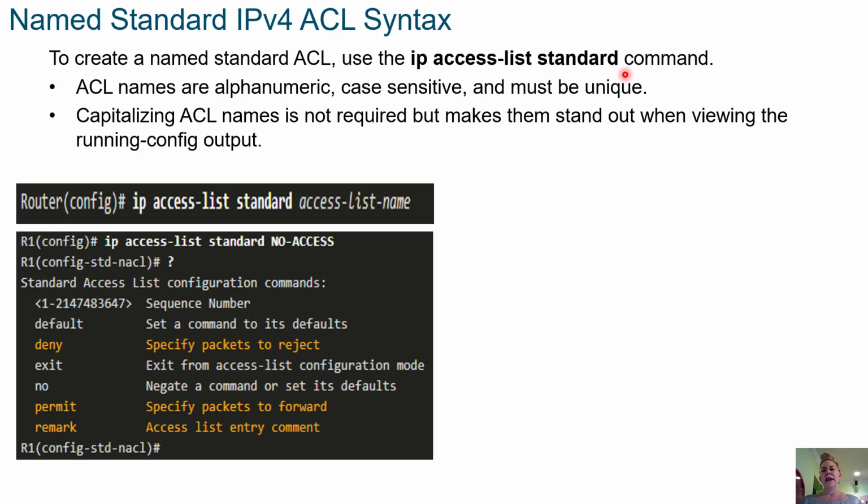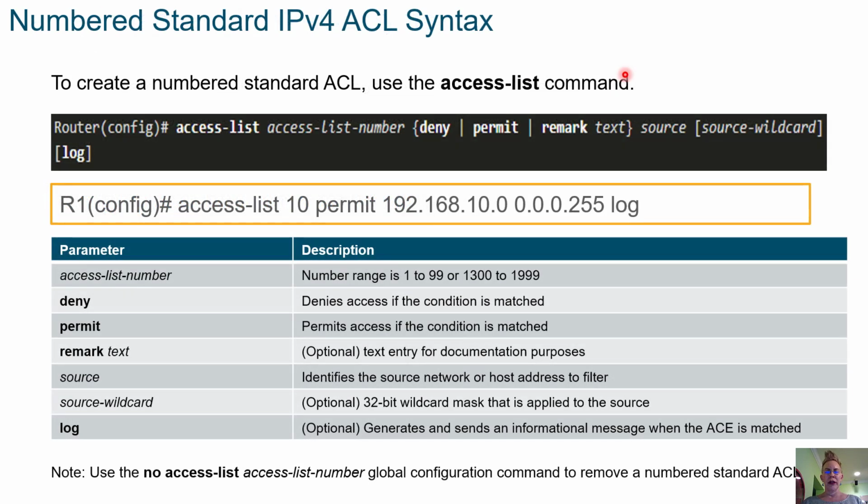When we're using a numbered access control list, this number tells the access list whether or not it's a standard or an extended. So in other words, if I had done access list 110, then the router would be able to determine that we were writing an extended, because the IOS is programmed to know that only the range 1 to 99 and 1300 to 1999 are standard. Anything else would be extended.